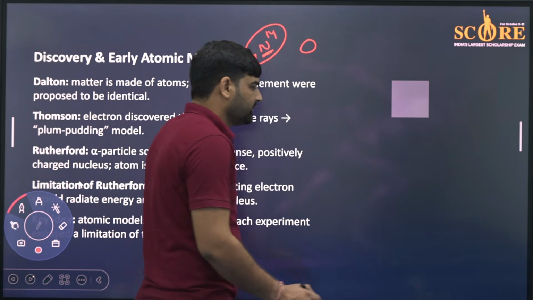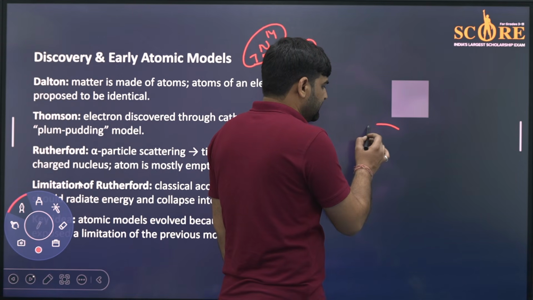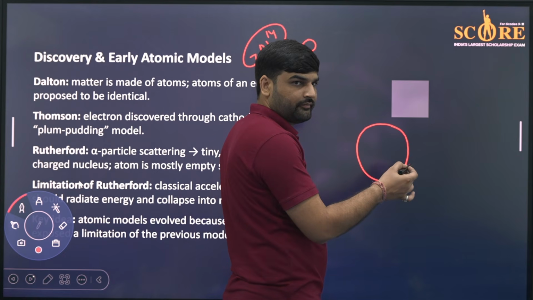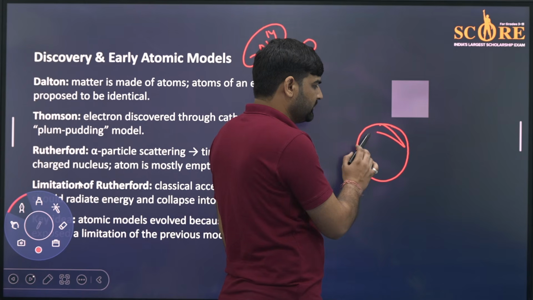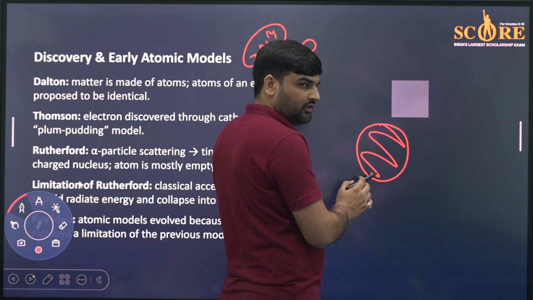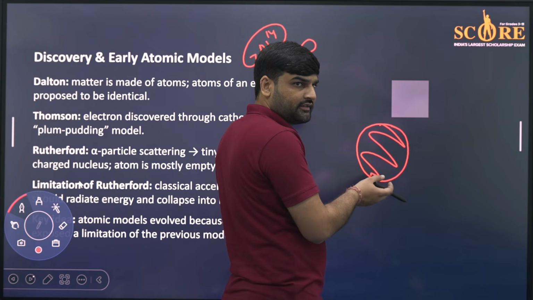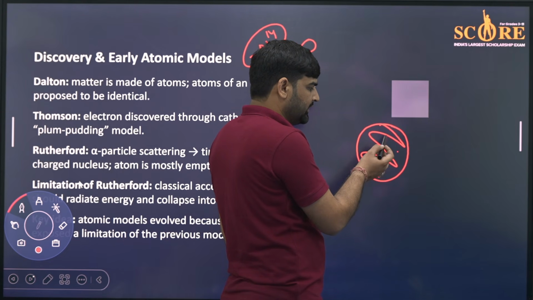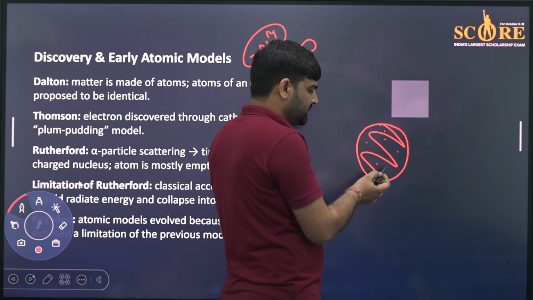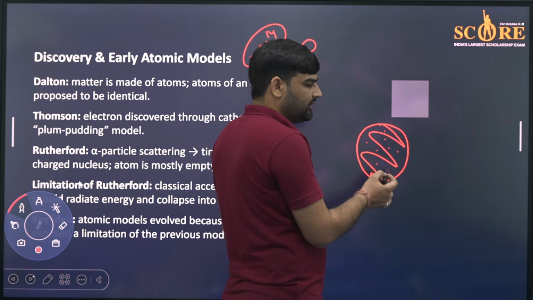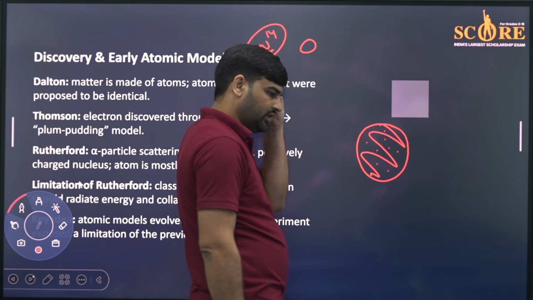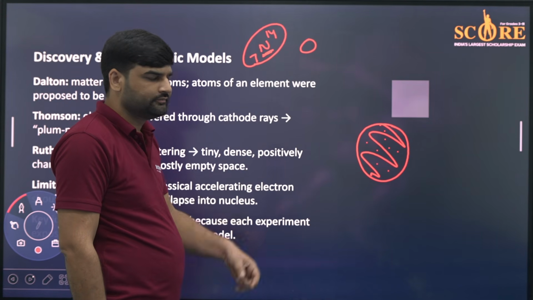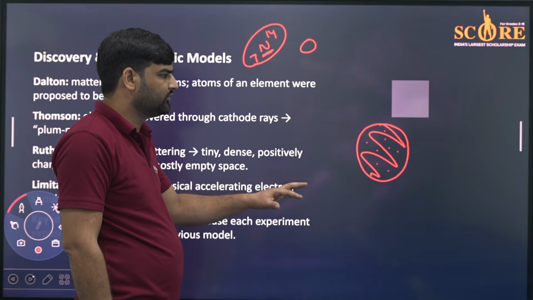He told that atom is spherical in shape and mass of an atom is uniformly distributed in entire space of the atom and electrons are embedded into it. According to this model, atom is like watermelon.